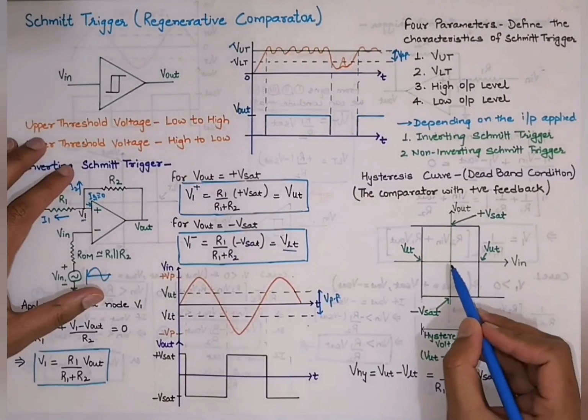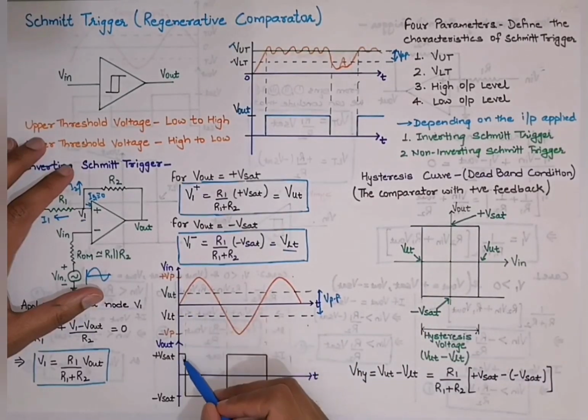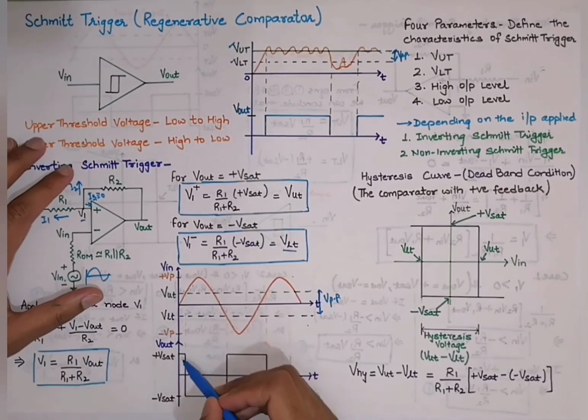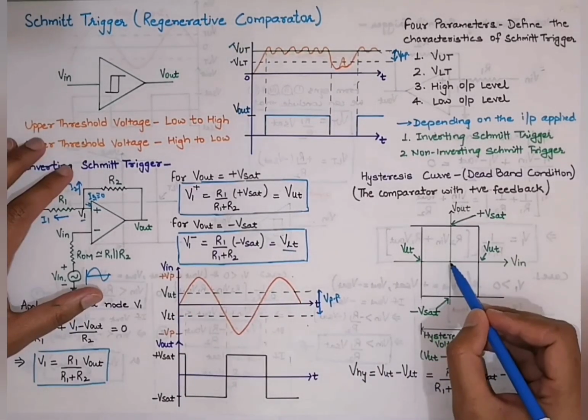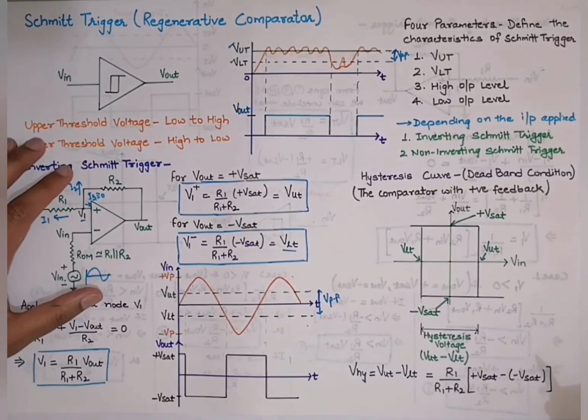So I will start exactly at V in equal to 0, and I have already told you that the initial voltage is plus V saturation. It means at V in equal to 0, my V out is at plus V saturation, or at this point.